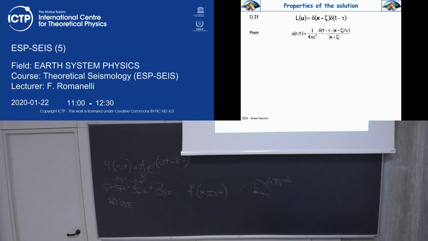Now, what can we do? Well, actually, since the differential operator that we are considering is linear, we can use its linearity to get some additional properties that are quite intuitive. The first one, let's imagine now to move the source into another place and to switch it on at another time. Okay, the solution is easy. What is necessary here is just to measure the distances from the place of the source and to start the clock from the initial impulse.